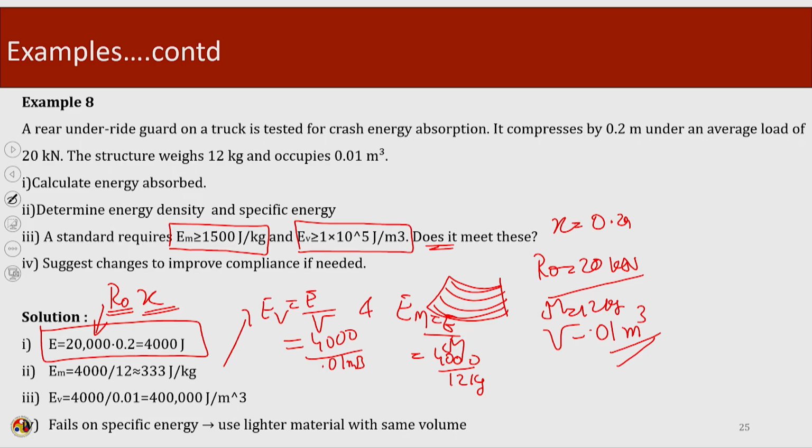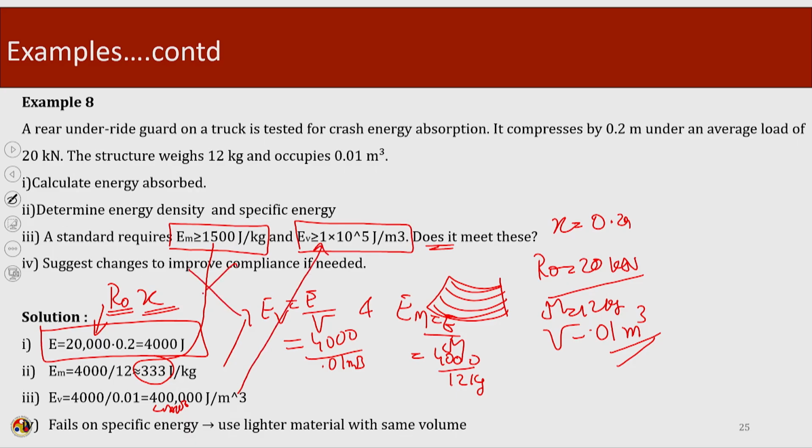Here we look into the per unit mass criteria. The criterion is that it should be greater than 1500, ours is only 333 joules per kg. For the volume requirement of 4 into 10 to the power 6, it is meeting the requirement.